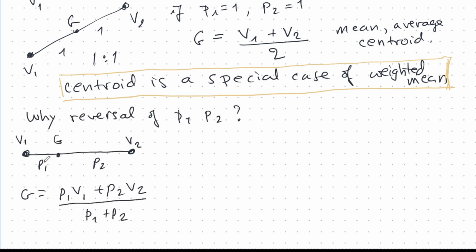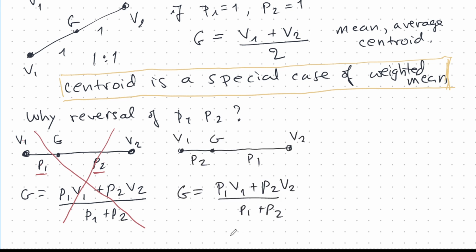For instance, if P1 is here and P2 is here, and I try to construct my G like this, well, this is absolutely wrong. Here I've taken the close one, P1 with V1 and P2 with V2. This is wrong. The correct one, as we talked about above, is the correct form for segment division.